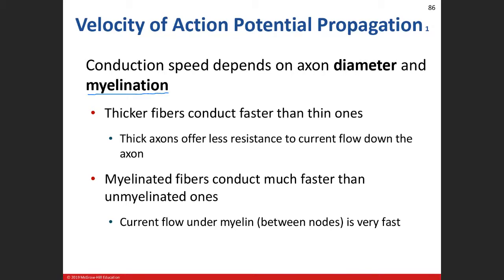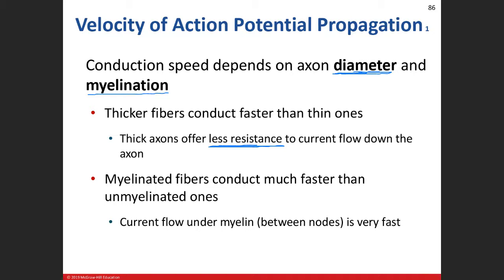And can you get more water to flow through a big, thick pipe compared to a small, tiny pipe? Yeah. Same thing with action potentials. So the bigger the diameter of the nerve, the faster it conducts.